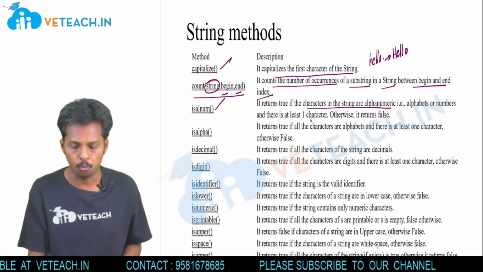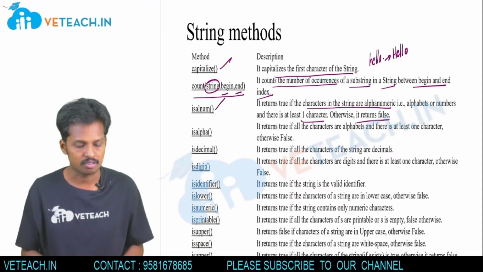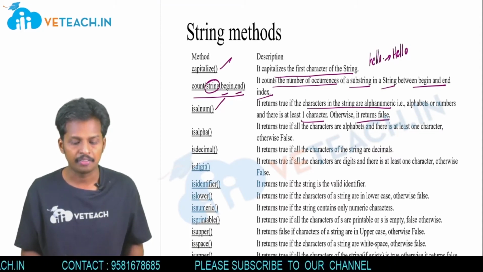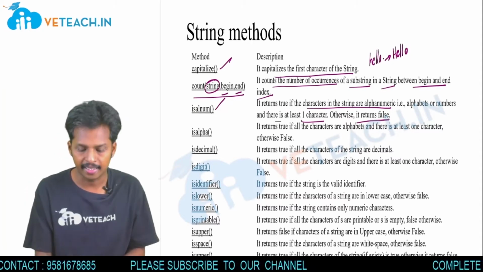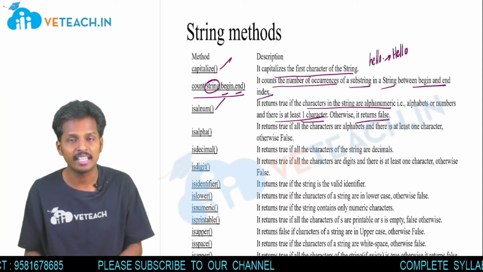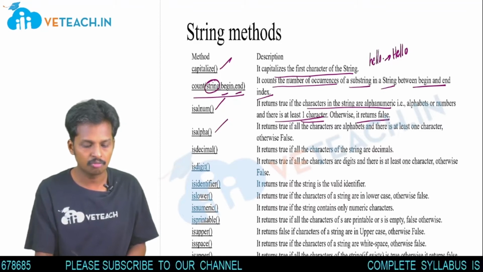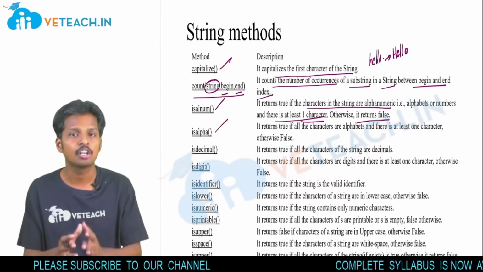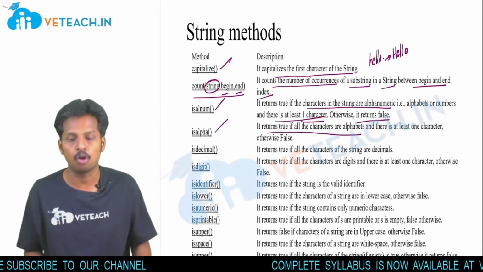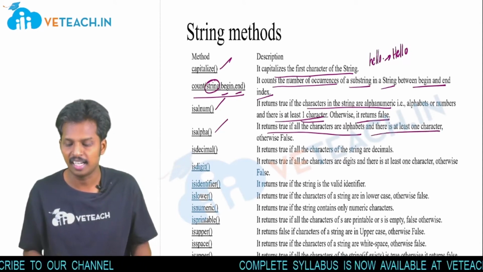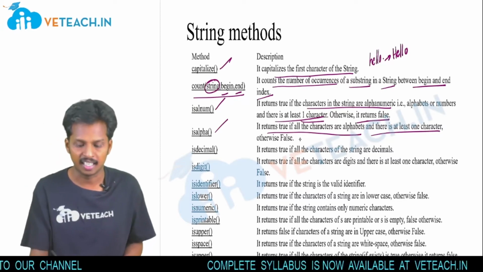There should be at least one character, otherwise it returns false. Next, isalpha is going to check specifically for alphabets. It returns true if all the characters in the string are alphabets, with at least one character, otherwise it returns false.